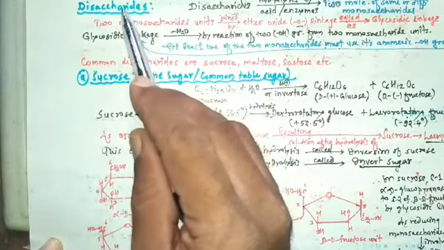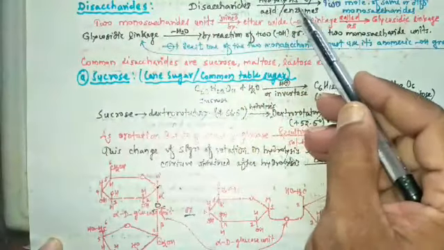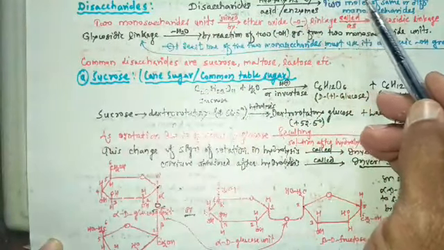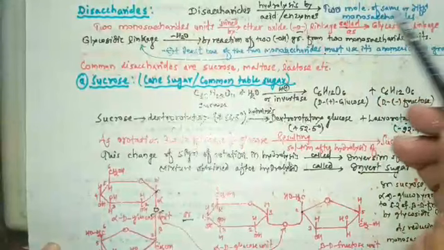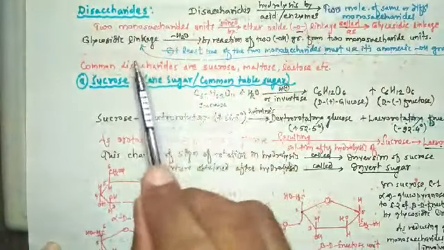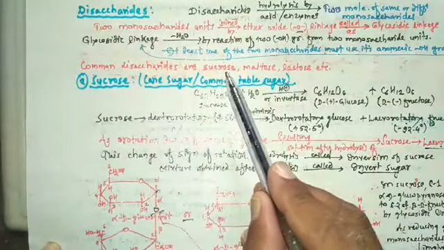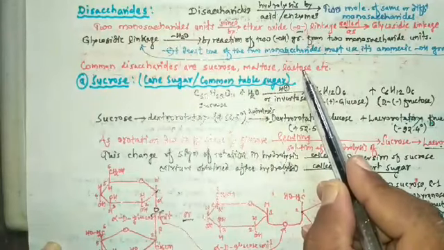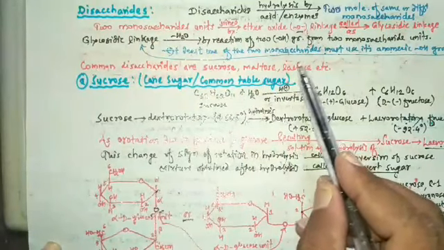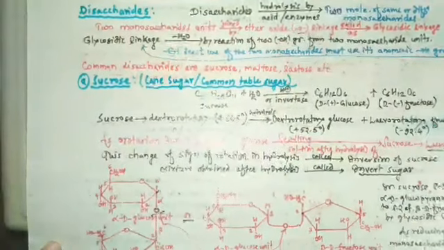First of all, we studied the meaning of disaccharide, that is, a disaccharide on hydrolysis by acid or enzyme produces two molecules of the same or different monosaccharides. Then three common disaccharides we studied: sucrose, maltose and lactose, in detail.